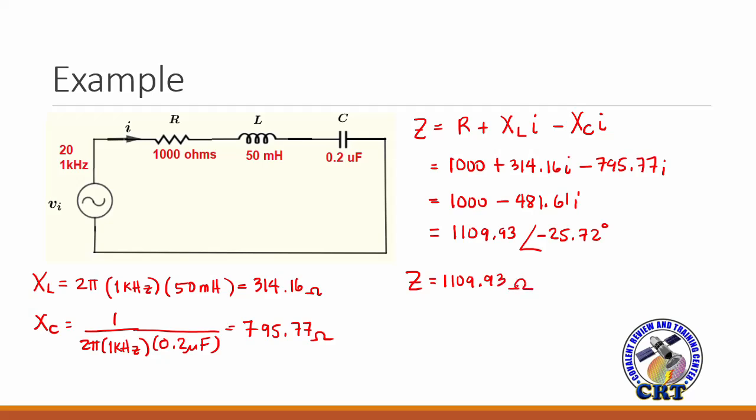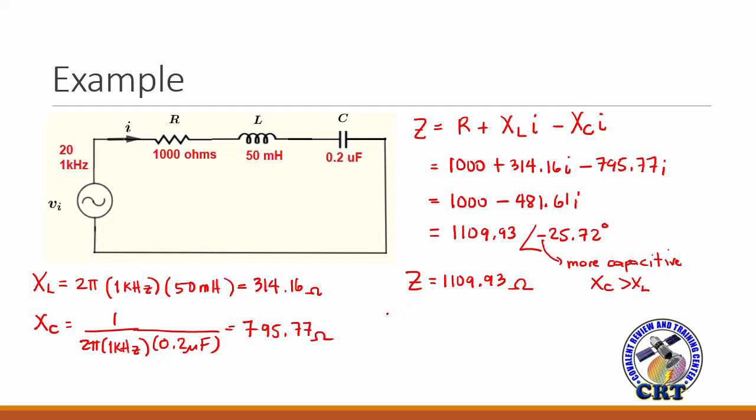From the given polar form result, we can conclude that impedance is 1109.93 ohms, and the theta is negative. It means more capacitive, because XC is greater than XL.